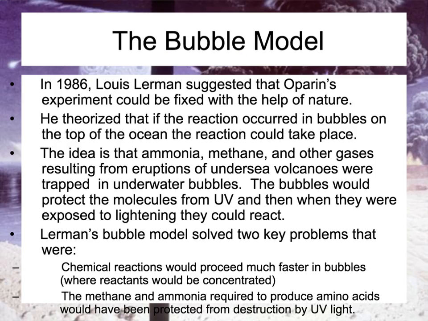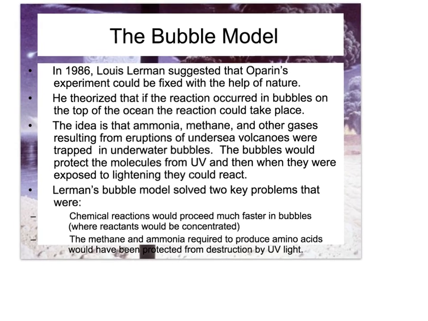And we'll see if we can find something that could do it. That's where the bubble theory comes in. Basically the idea is that if this happened in a bubble or in some deep ocean, the ocean and the water itself could create a barrier to UV. UV does not penetrate bubbles, and it can act as an insulator, very similar to what the ozone layer could have done on a large scale; bubbles could have done for individual molecules. Additionally, the nice thing about a bubble is it increases the rate of the reaction.